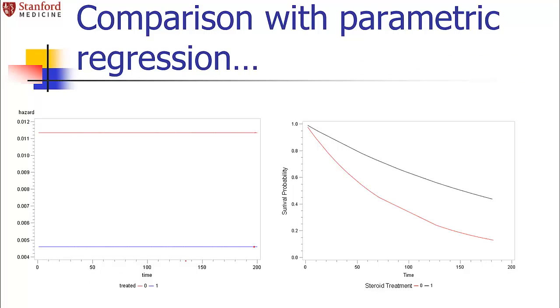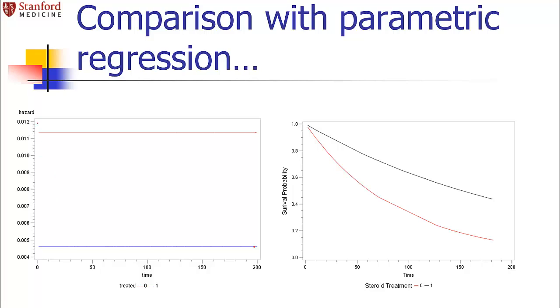Just to compare with parametric regression, which we did last week, here are some results from an exponential regression that we ran on data that were comparing people with active hepatitis. Some received steroids and some were in the control group, and it was comparing time to death. When we fit an exponential model, we're assuming that the hazard rate is constant over time.